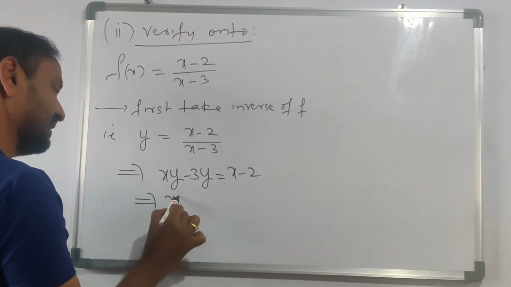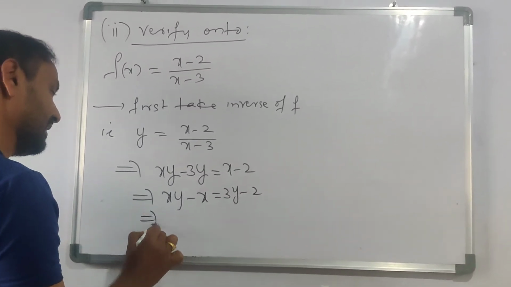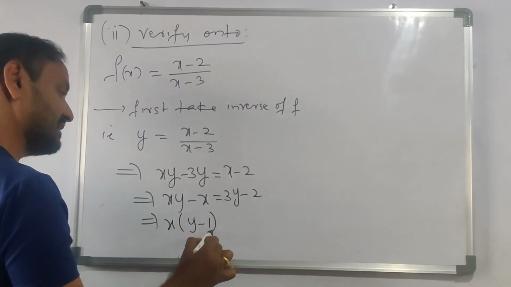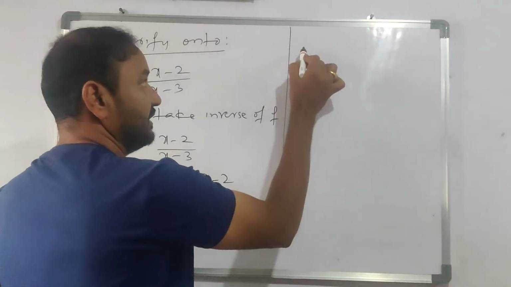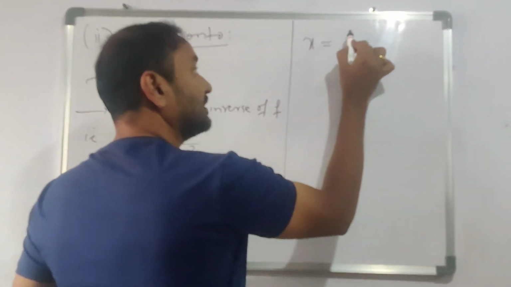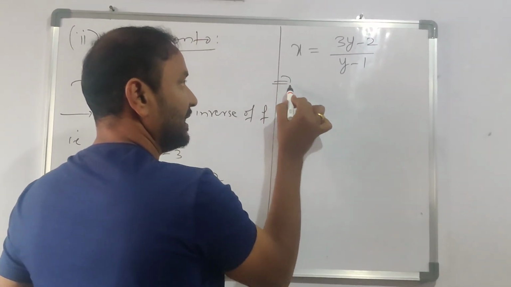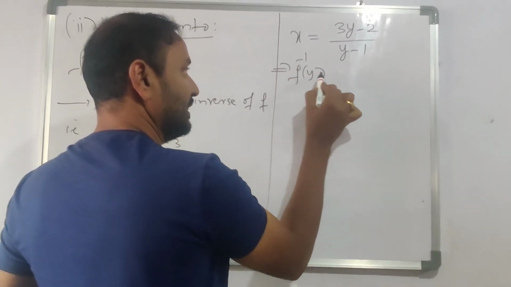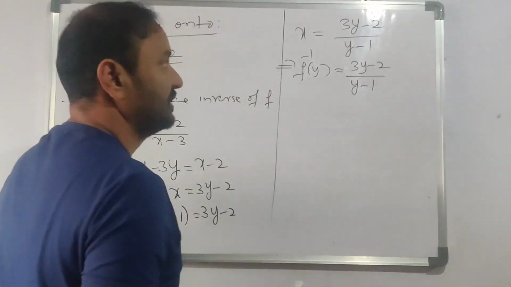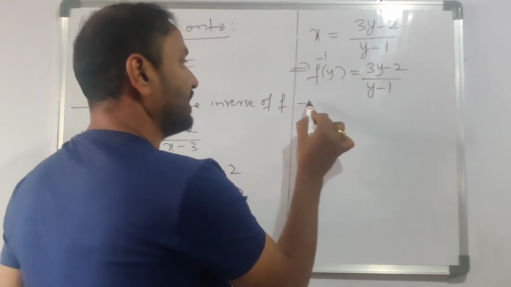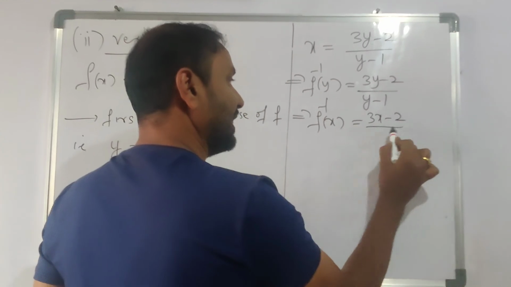That implies xy minus x is equal to 3y minus 2. That implies x into y minus 1 is equal to 3y minus 2. From this, x is equal to 3y minus 2 by y minus 1. Here you replace: f inverse y is equal to 3y minus 2 by y minus 1. So f inverse x is equal to 3x minus 2 by x minus 1.